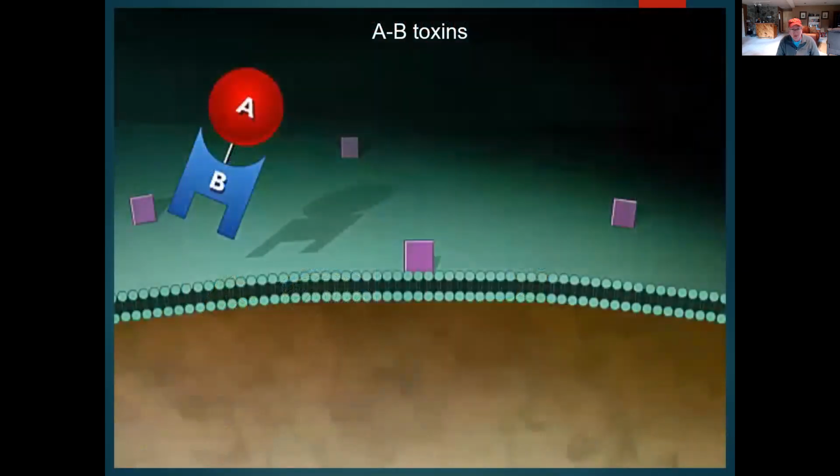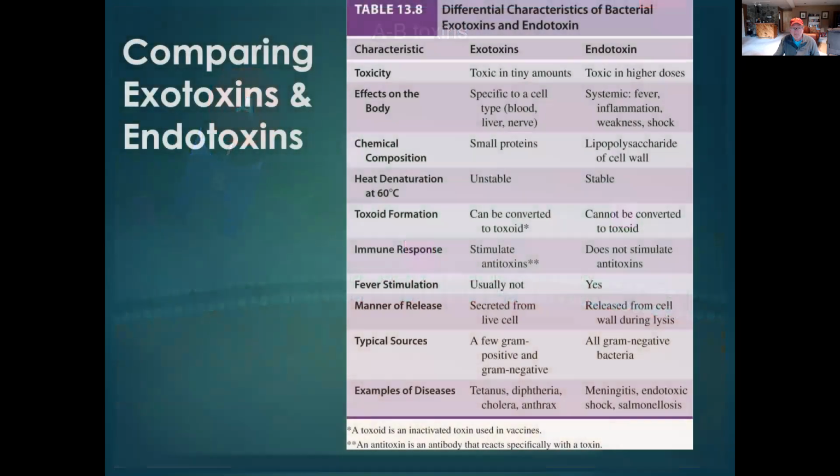This was that video that I was referring to just a few moments ago. I'm not going to play it, but I do want you to watch it. So you can go into the PowerPoint and watch that. This is a good table, I think, that sort of reiterates what the previous figure was showing in terms of general effects of these two bacterial toxins.